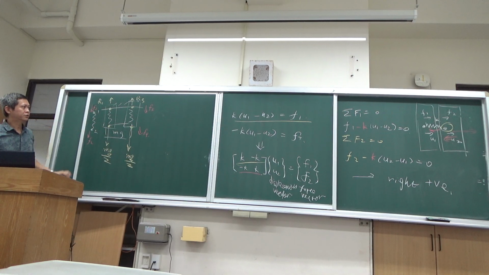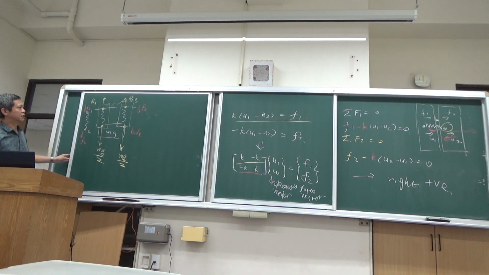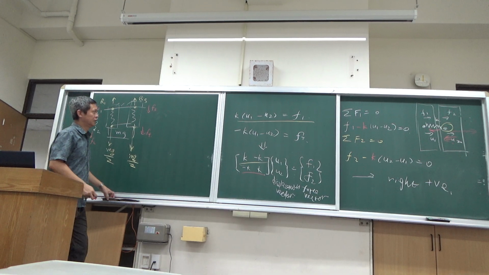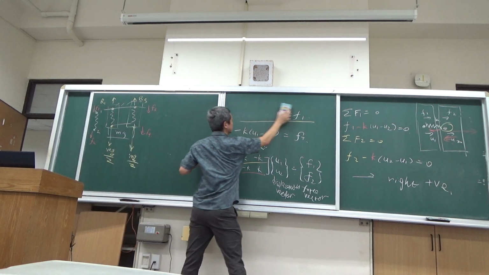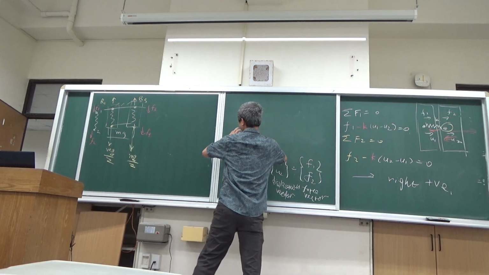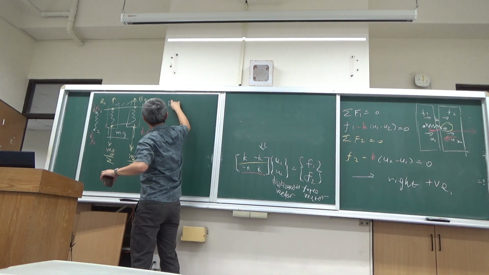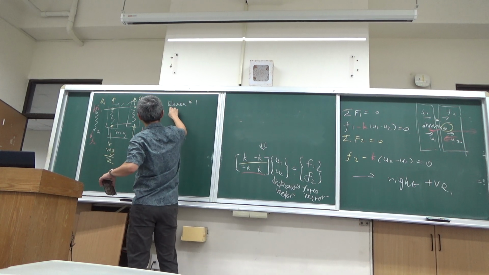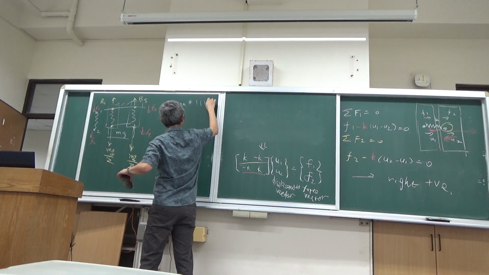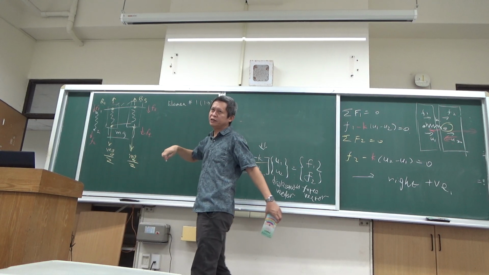So if you are now going to write the equation, what are you going to write here? Let's see the first element. For the first element, you have element number 1, which connects node 1 to node 2.